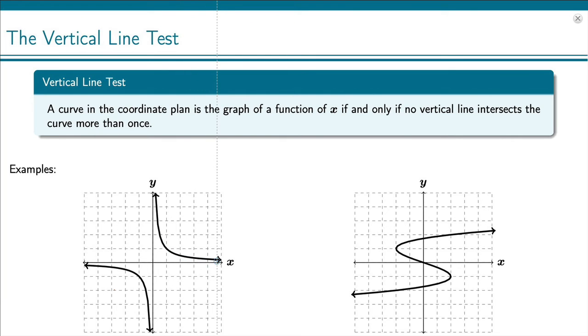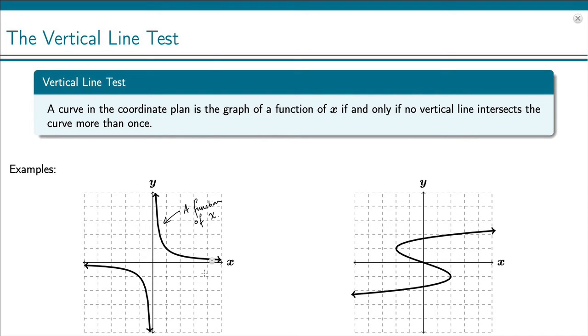That means there is only one y value for each of these x values. And so that means that this is a function of x, or we'd say it passes the vertical line test.